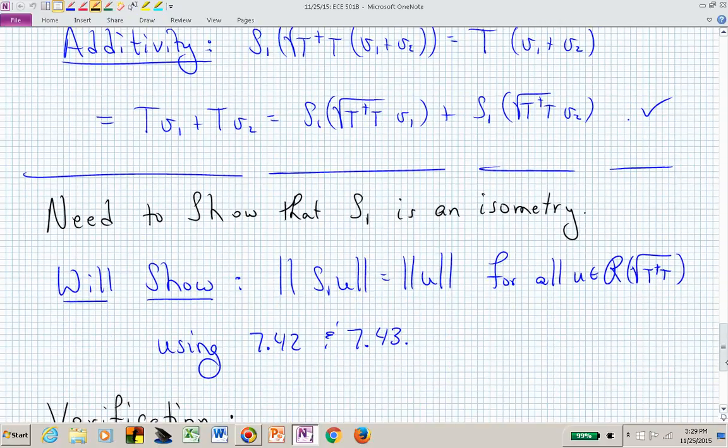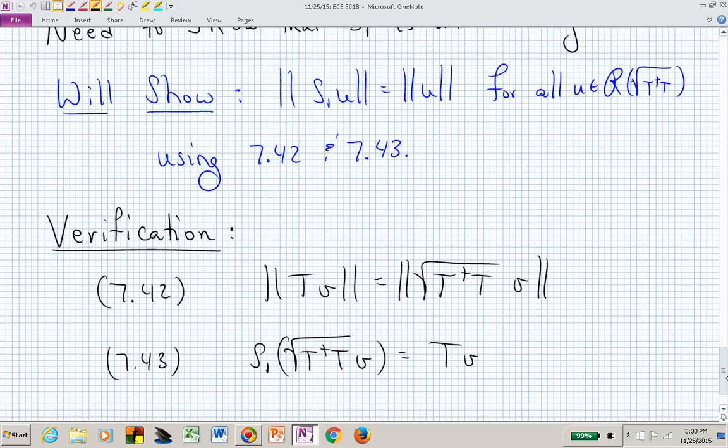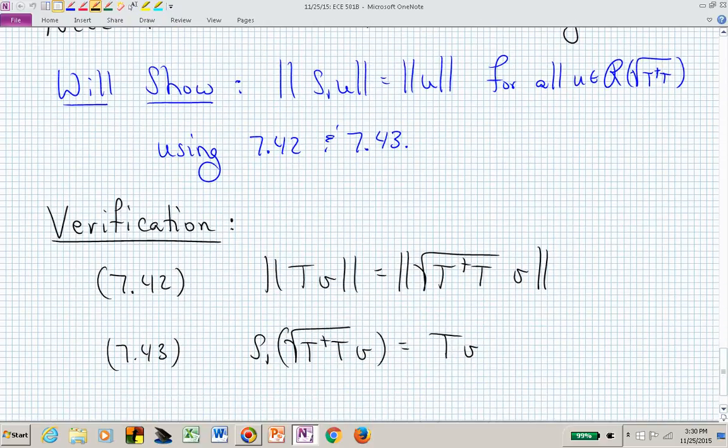Now what we want to do is show that S1 is an isometry, and we will do that by showing that the norm of S1u is equal to the norm of u for all vectors u that are in the range space of this square root of T dagger T, and we'll do that by using equations 742 and 743. So there are the two facts or statements.